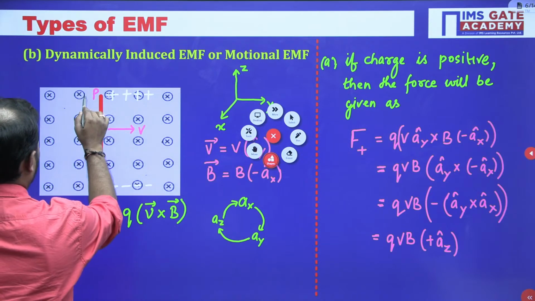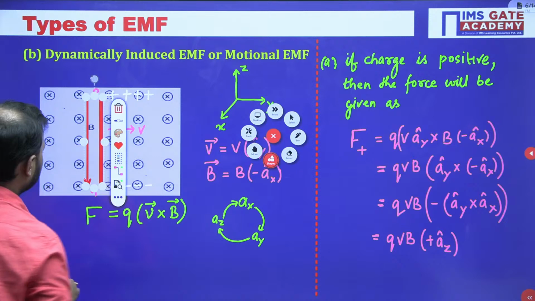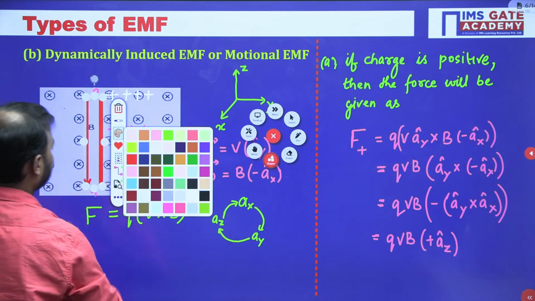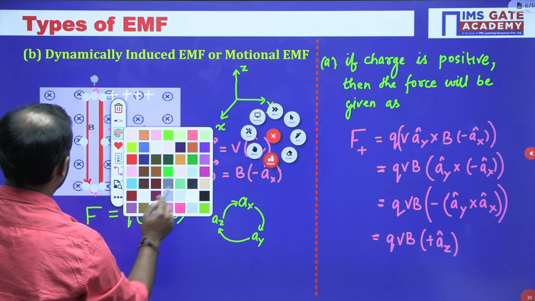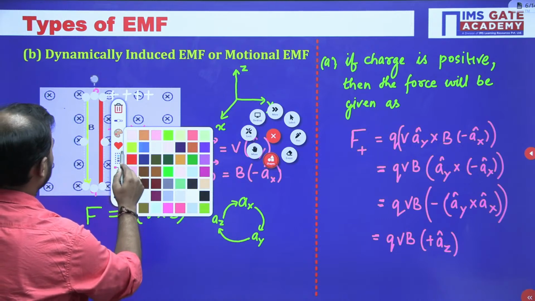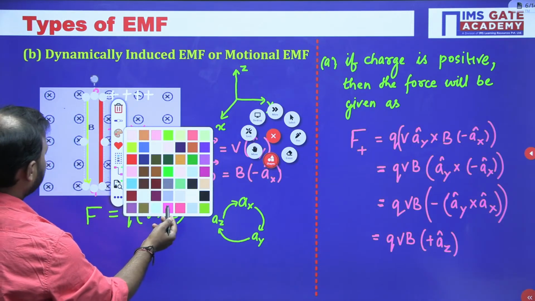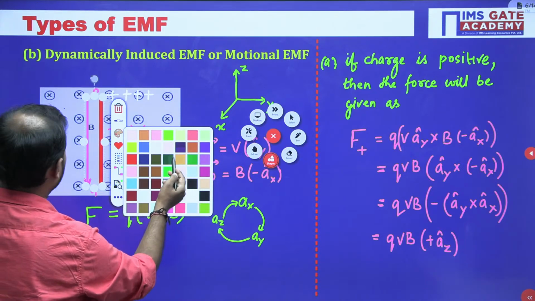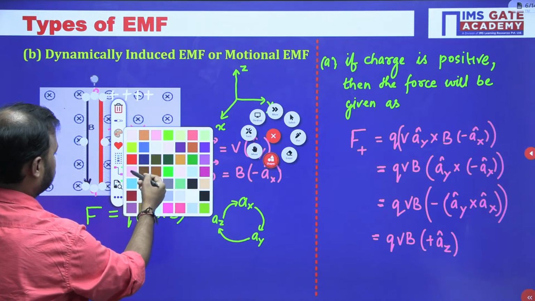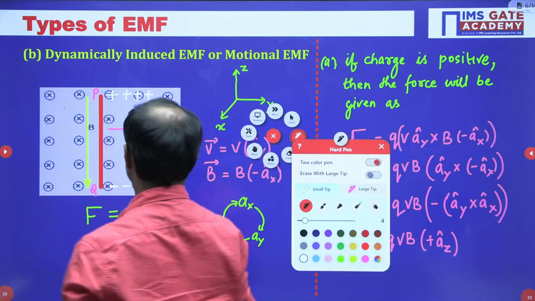It will create an electric field from positive to negative, because electric field flows from positive to negative. Let me change the color. Is this color visible to you? Okay.